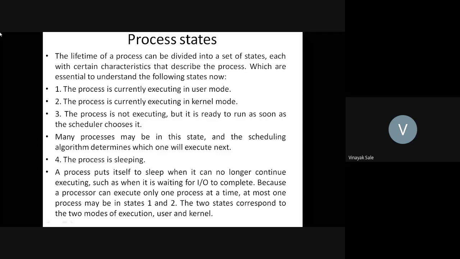First, the process is currently executing in user mode. Second, the process is currently executing in kernel mode. Third, the process is not executing, but it is ready to run as soon as the scheduler selects it.